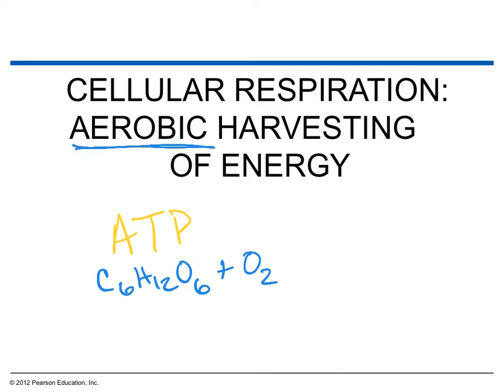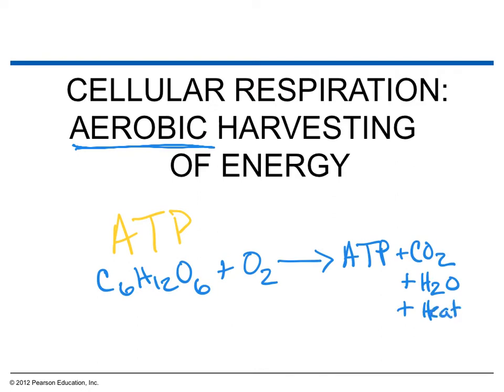So we take glucose and oxygen inside the mitochondria, and you get ATP, and you get some byproducts as well. You get carbon dioxide, that's what is exhaled, in humans anyways. You get some water as a byproduct, and then you also get heat as a byproduct. So we're going to learn about the details of generating ATP from pre-existing energy.